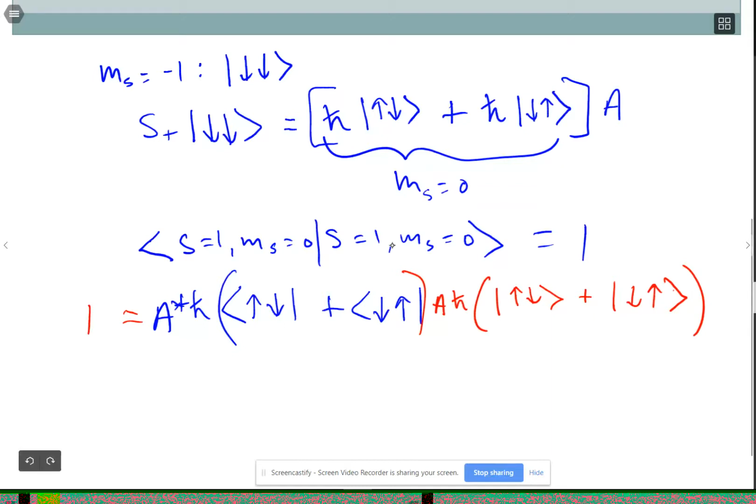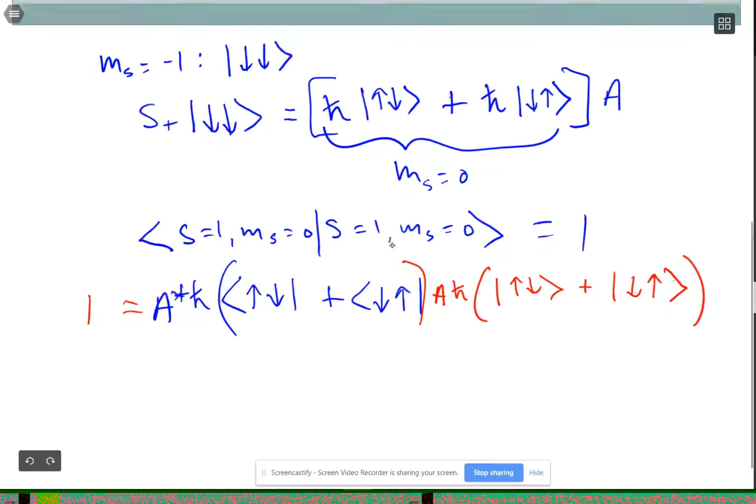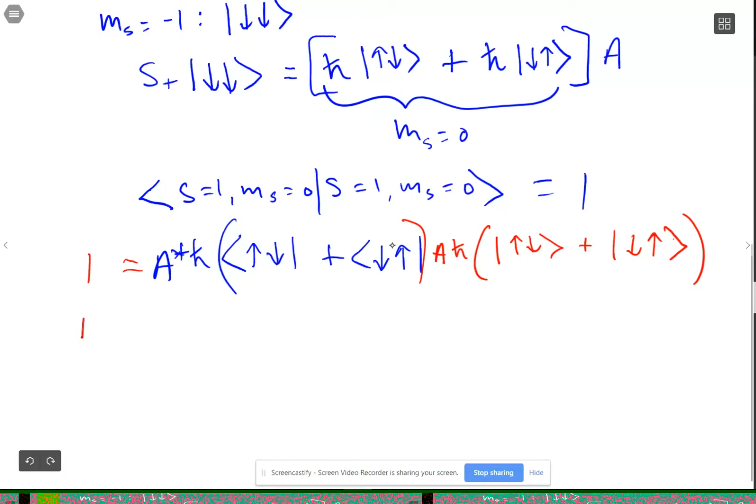So I will immediately divide by the A star h bar stuff so I don't have it on the right hand side. I just put the h bar inside the mod squared to make my life easier.